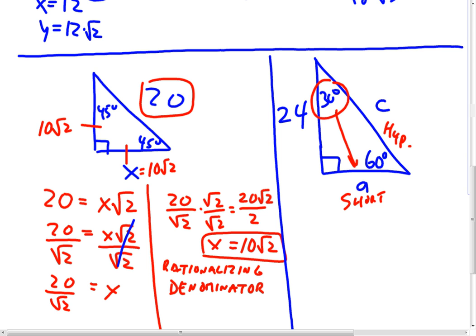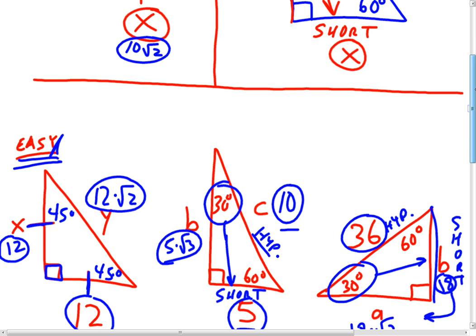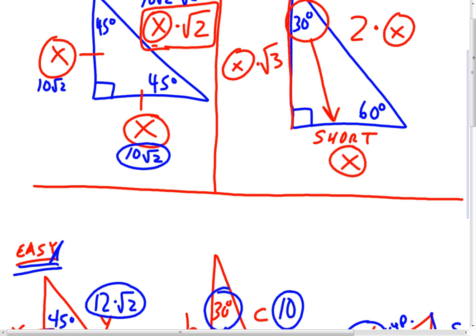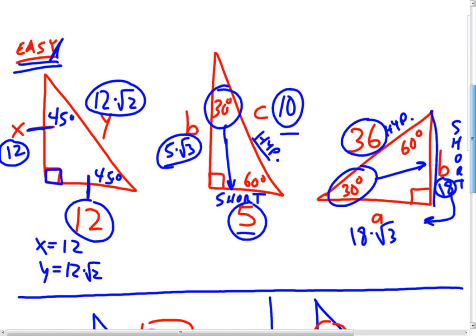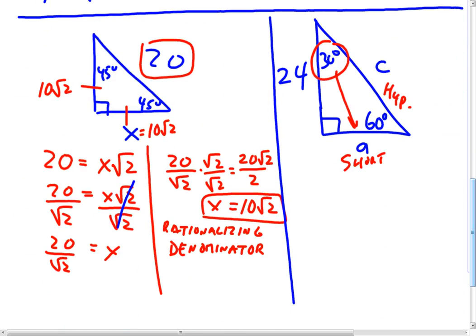24. What do I normally see in the long leg? Radical 3. It's there. It's just embedded, which means that the short side and the hypotenuse are the ones that probably have radicals in them. You're going to do exactly what we did in the previous question.